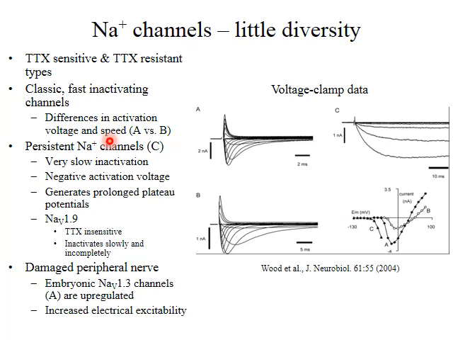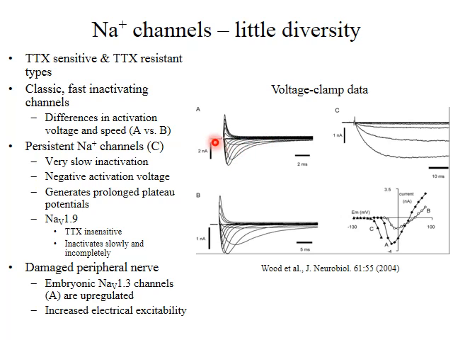Even among these fast inactivating channels, there are certain variants coded for by different genes. They have different activation voltages and different kinetics as well. This is shown in the voltage clamp data right here. In A, we have a series of voltage clamp records showing activation of the current and then inactivation of the current.